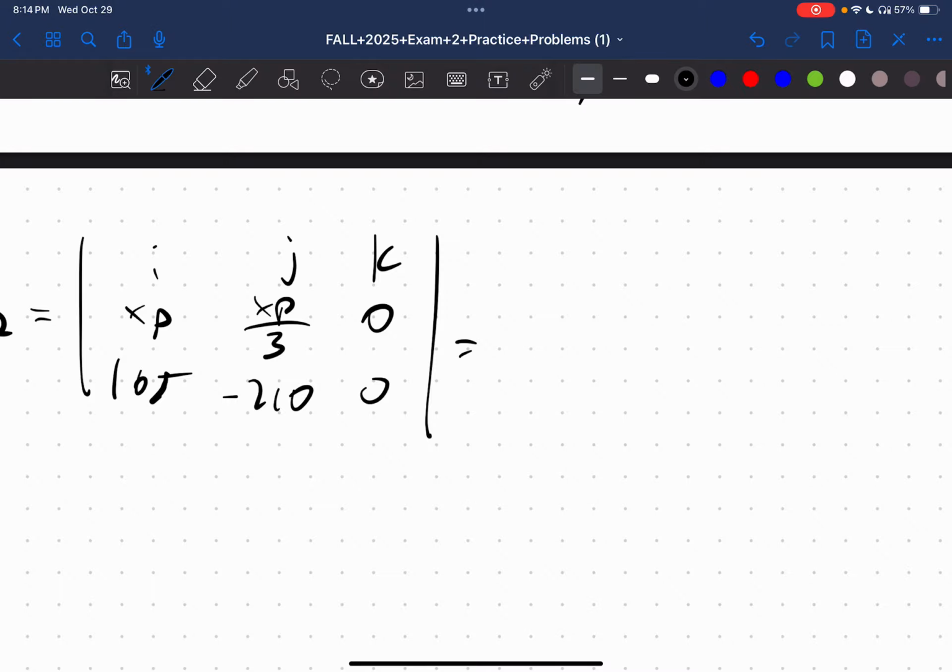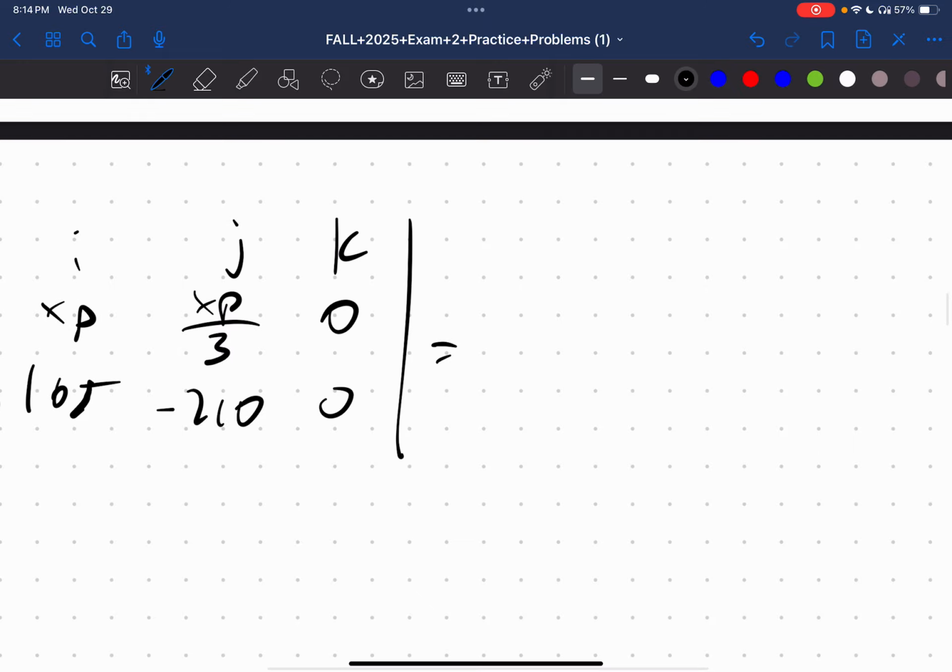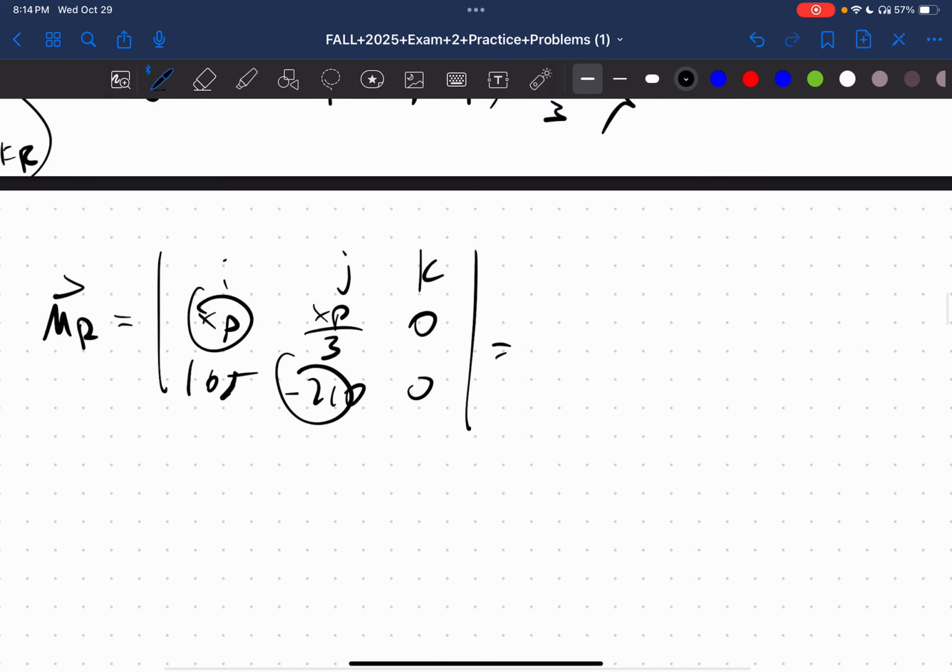Wait, what am I doing? Oh yeah, in the k direction. So we still need to do the k direction, which is going to be this times this minus this times this. Pretty simple stuff, right? So negative 210 xp minus 165 xp divided by 3.